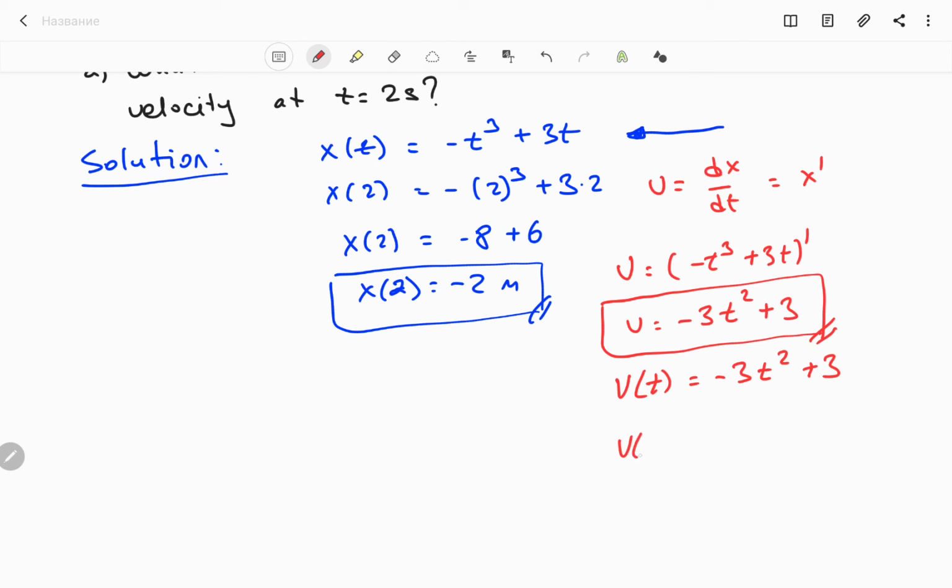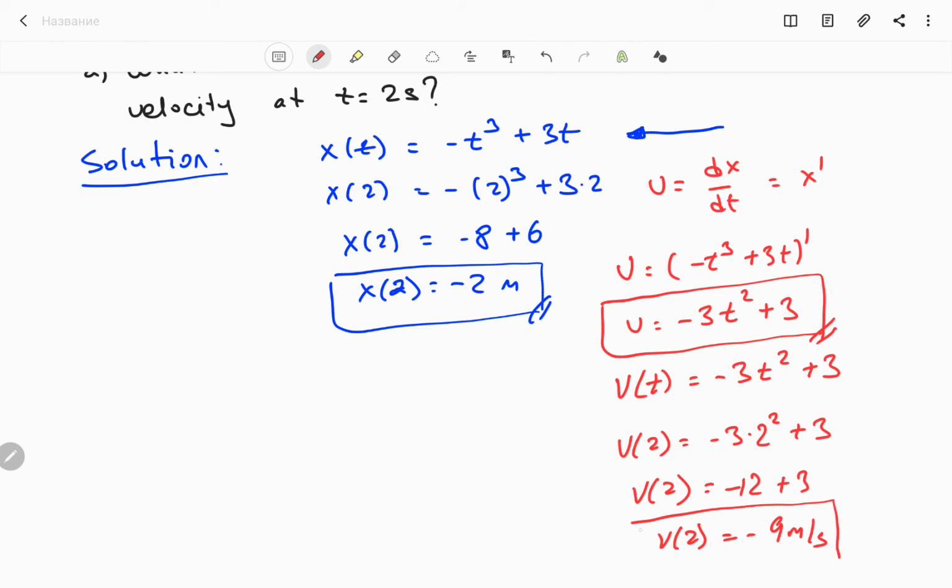Basically we can say v(t) equal to minus 3t square plus 3. So velocity at 2 seconds equal to minus 3 times 2 square plus 3. So answer will be negative 12 plus 3. Velocity at 2 seconds equal to minus 9 meters per second. The negative sign here means it will be moving in the left direction basically.